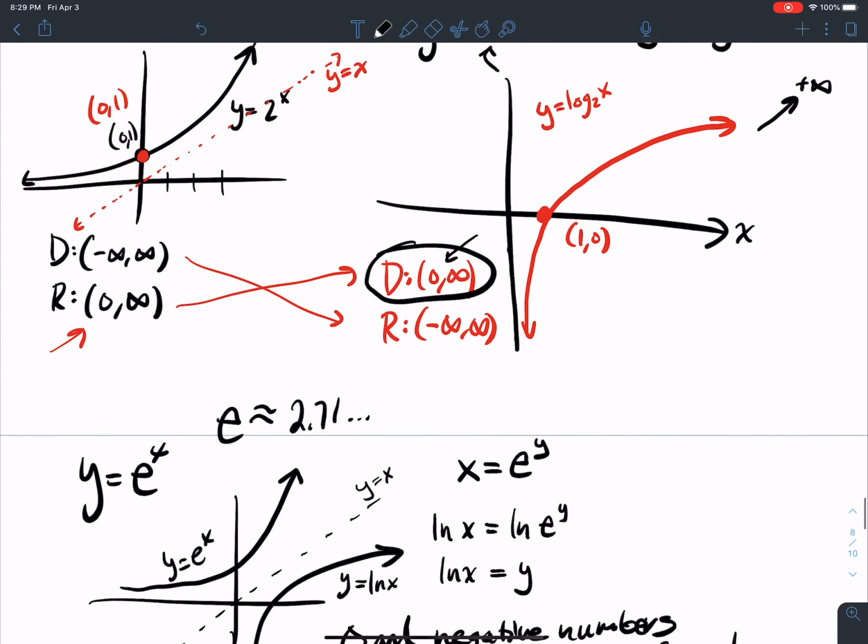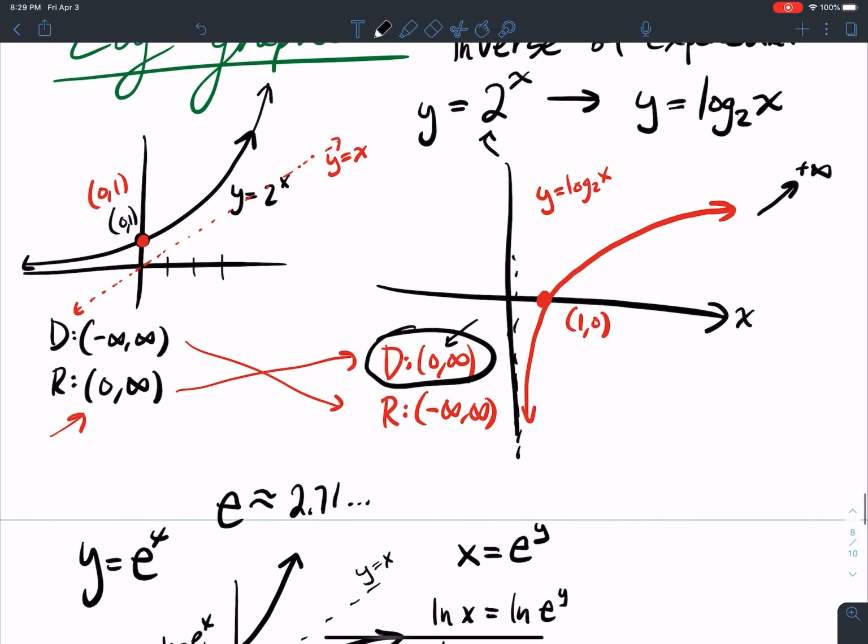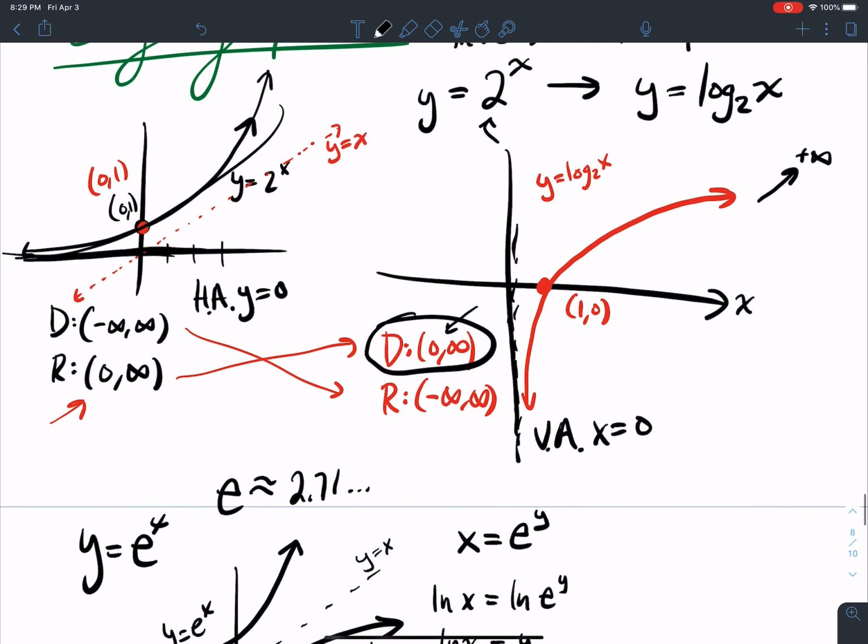For the exponential, we talked about there being a horizontal asymptote y equals 0. Well, for the inverse, x becomes y, so now we have a vertical asymptote, x equals 0. So we can't plug in x equals 0 for our logarithm.